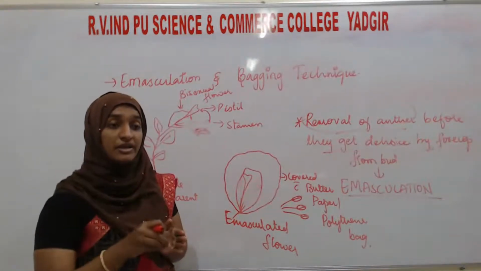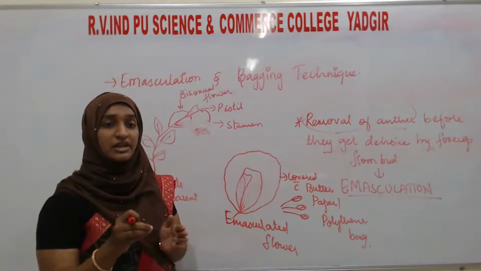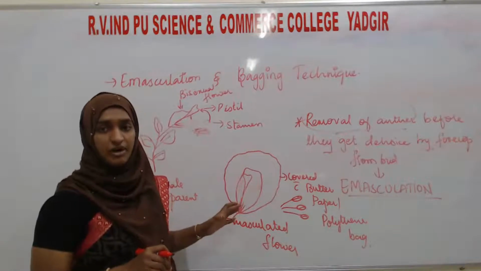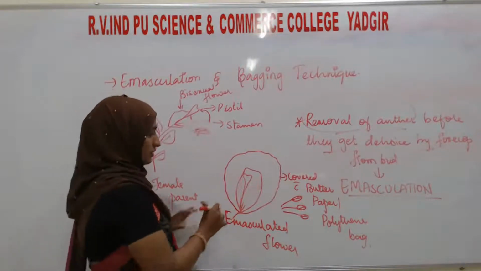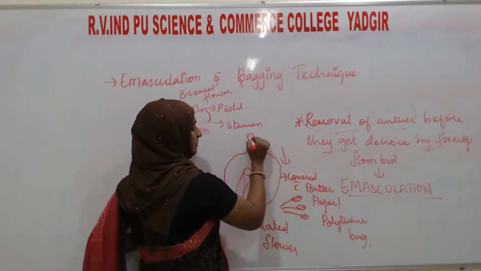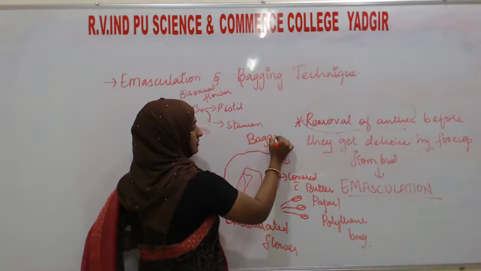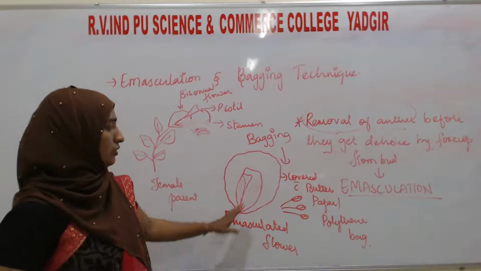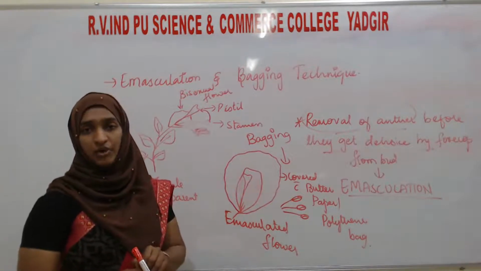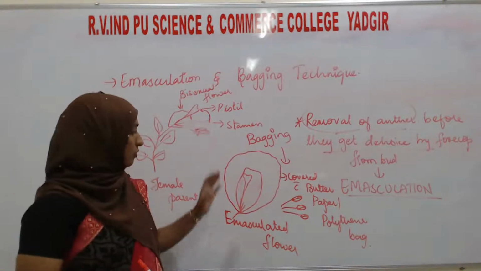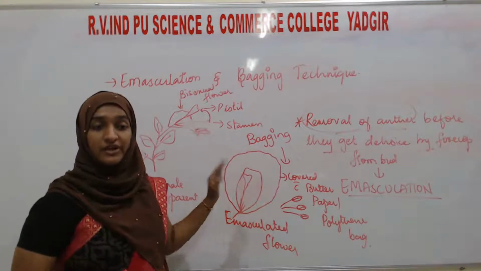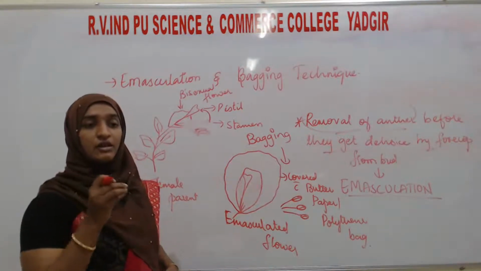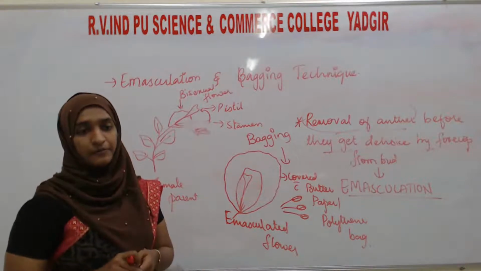And why do they cover it? So that no other undesirable pollen grain can contaminate this flower or the stigma. This step we call bagging. Covering the emasculated flower with butter paper or polythene bag, so that no other pollinating agent comes and disperses the pollen grains of some other plant.